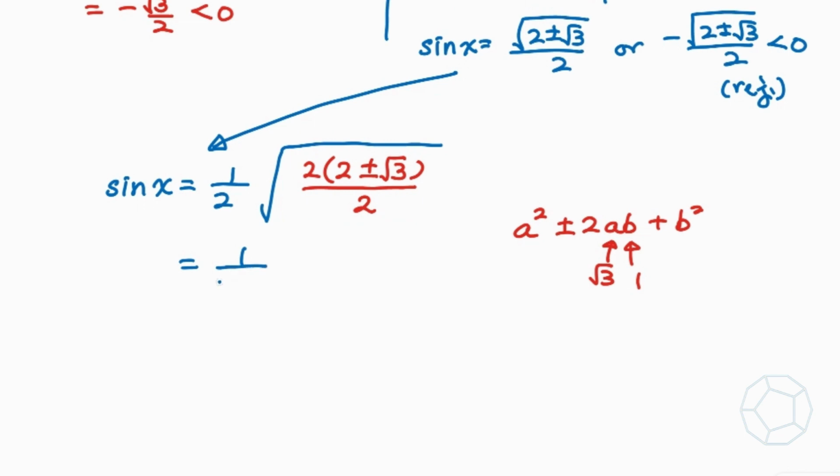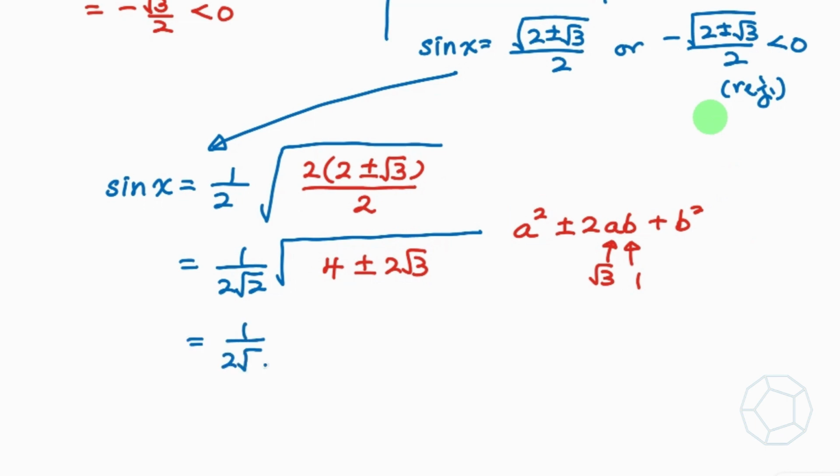Let's continue. We'll have 1 over 2 and take out this square root 2 outside. Inside the large square root, we'll have 4 plus or minus 2 root 3. So we'll have the term plus or minus 2ab, and we hope that this 4 can be written as a squared plus b squared.